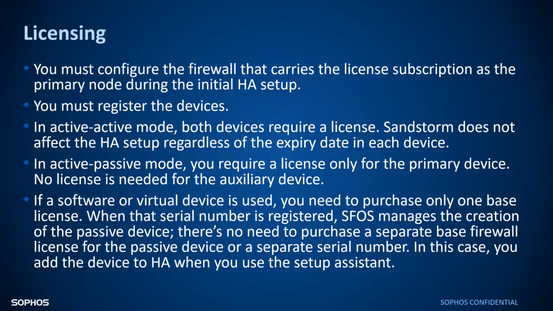If you're doing it through MSP, again, making sure that the devices are set up, they're ready to go, they are completely licensed and online, and then you can set up your active HA unit. But both of the devices will need to be licensed. That is going to be the same in virtual as well. If you are doing an active setup in a virtual environment, you will need to have both of those virtual licenses fully licensed, both base license and the subscription.